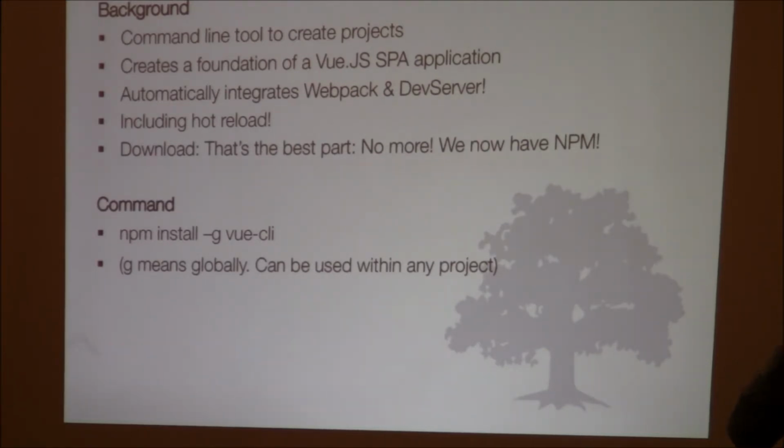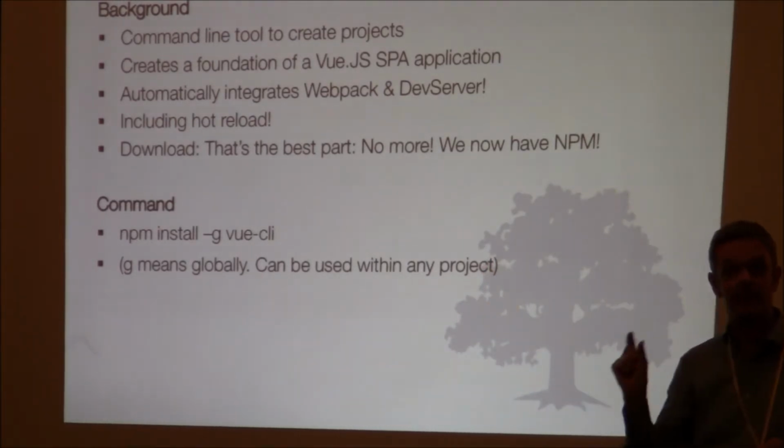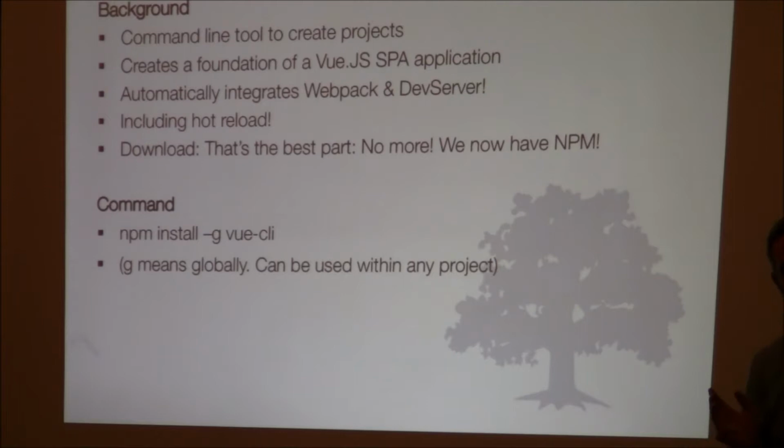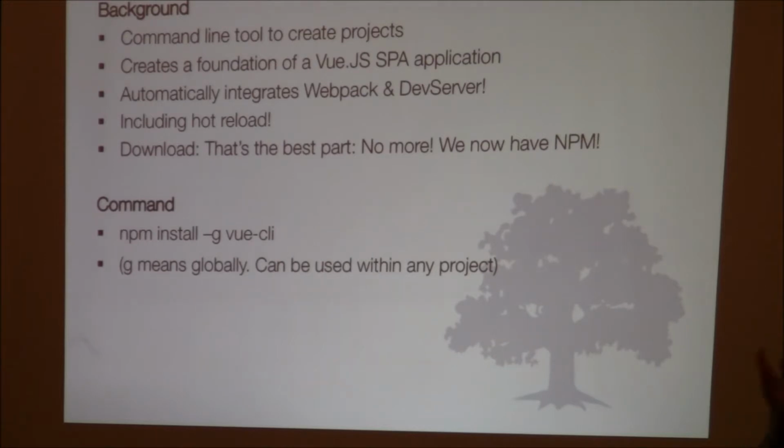If you are a developer on a modern framework, be it Angular, React, or Vue.js, it's always the same. You don't download anything. You're just using NPM, the package manager. It handles everything for you. So if you want to extend the functionality of your application, you can see if there is an existing module you can use, and then just type in npm install your new module, and then you can import it and work with it.